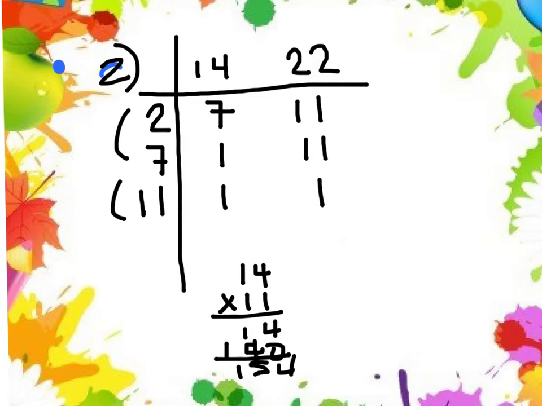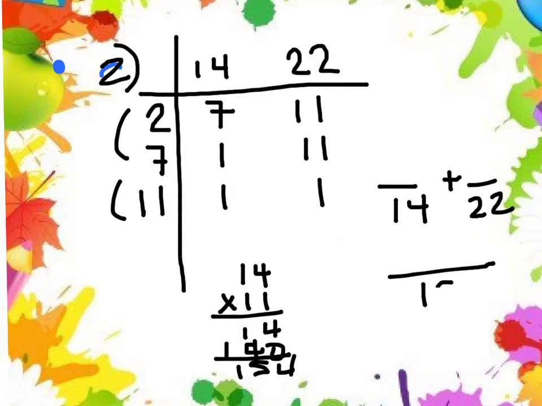So if we were looking for a common denominator for 14 and 22, and we wanted it to be the least one, it will be 154. 154, least common multiple.